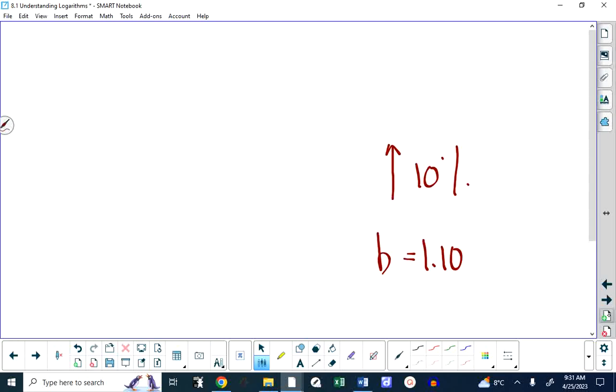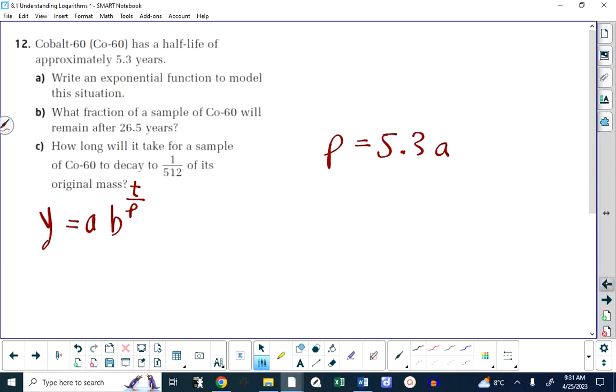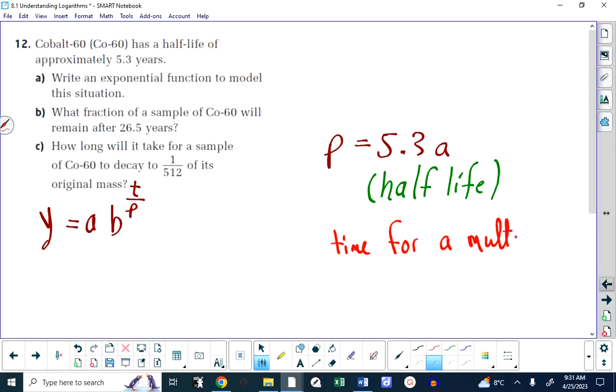Okay? So what you were expected to know with half-life is that this is the length of time for a multiplication of 0.5. So it's not that the population is going up by 10%. What's happening is the population is losing 50%.